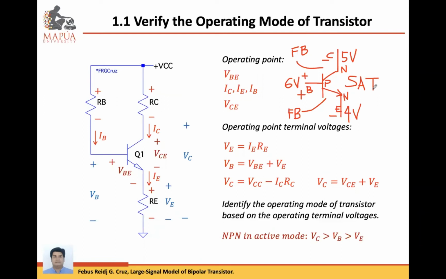But if you have any given circuit problem, ang possible answers mo doon apat. Pwedeng active, saturation, cut-off, or yung reverse active. Okay. Thank you. So you have to recall the biasing condition of base emitter junction and base collector junction for those operating conditions. Okay?